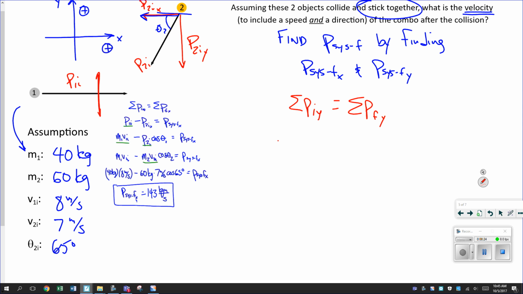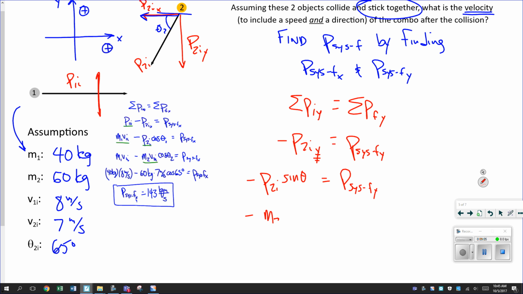So all we really get is negative P2 initial Y, which is P sys final Y. This is negative P2 initial sine theta. Notice here we're talking about the component, the Y part. This is how we calculate or express the Y part.